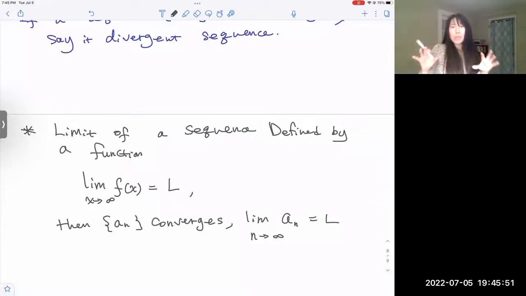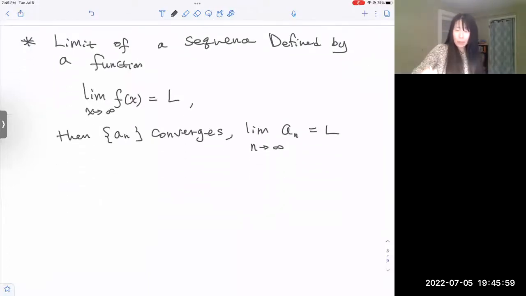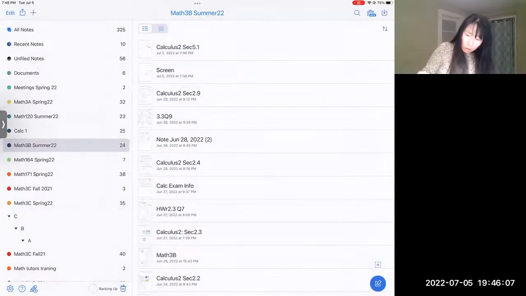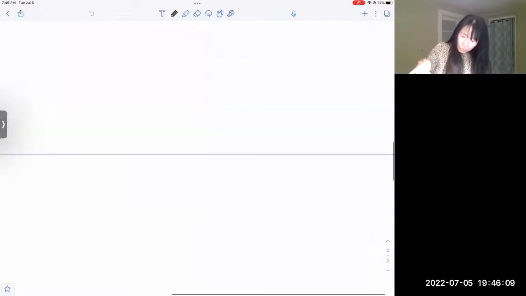So we're going to use the same limit laws as Calculus 1 for sequences as well. So let me bring the laws here.